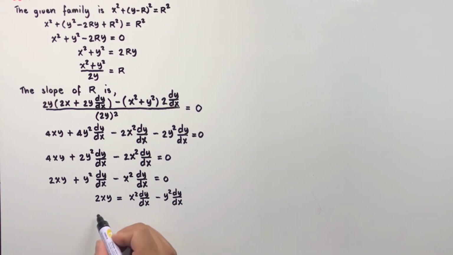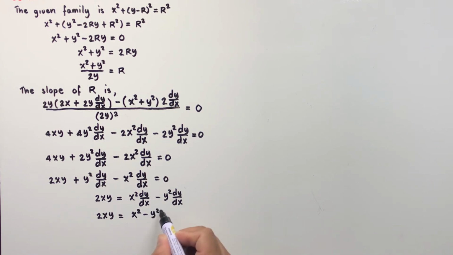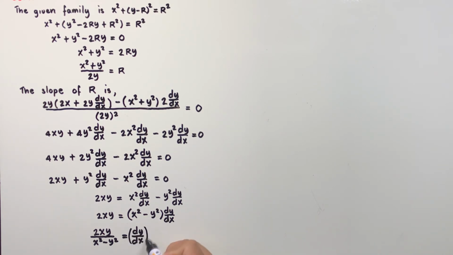And factoring the common factor for these two terms, we have (x squared minus y squared) times the common factor of dy dx. Dividing both sides of the equation by this factor here, x squared minus y squared, we have 2xy divided by x squared minus y squared, which is the value of our dy dx, which is now the slope of the given family of circles.